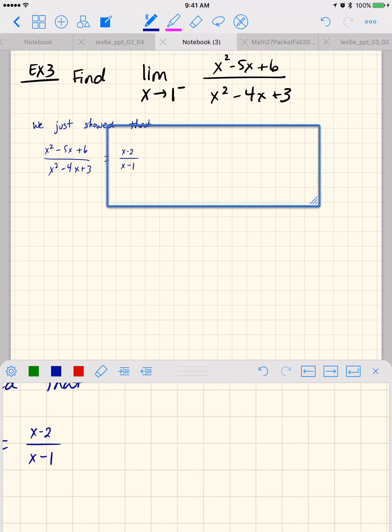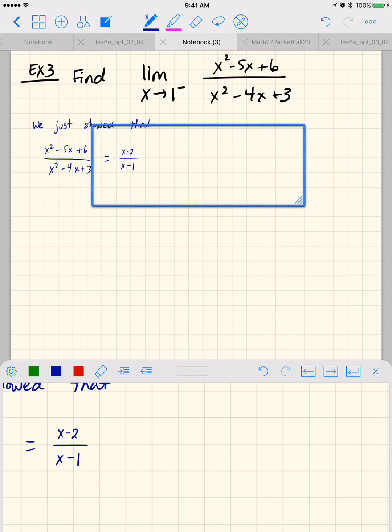Okay, so now I know that if I try to plug in x equals 1, we're going to get a problem because we're going to be dividing by 0. So we'd have 1 minus 2 over 1 minus 1.